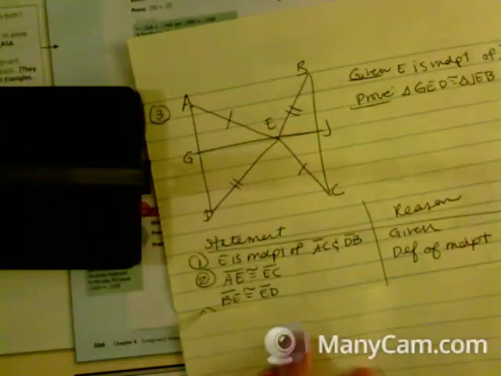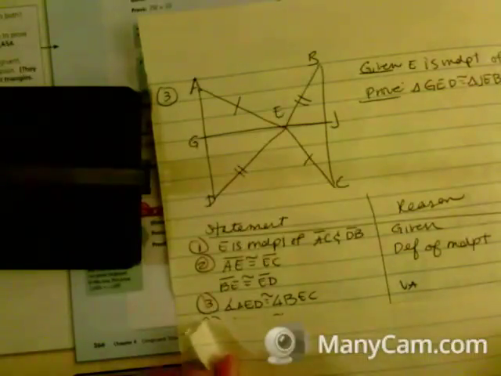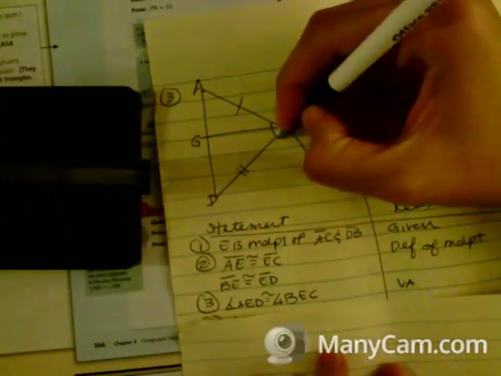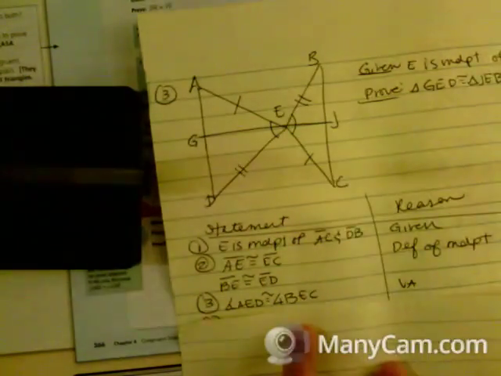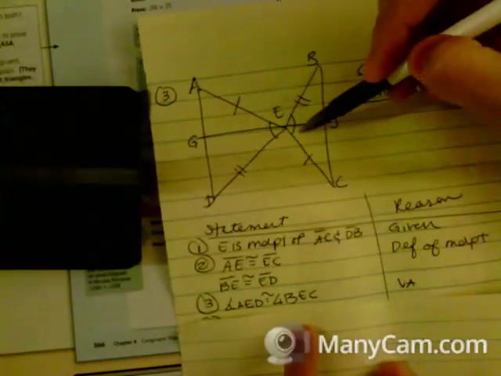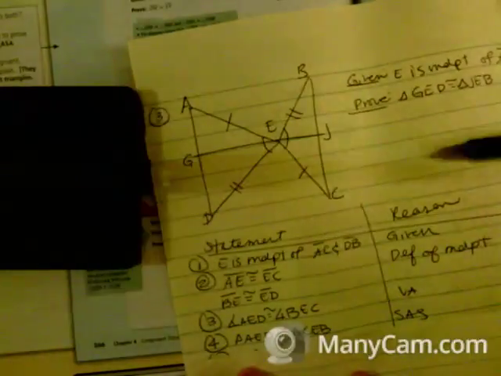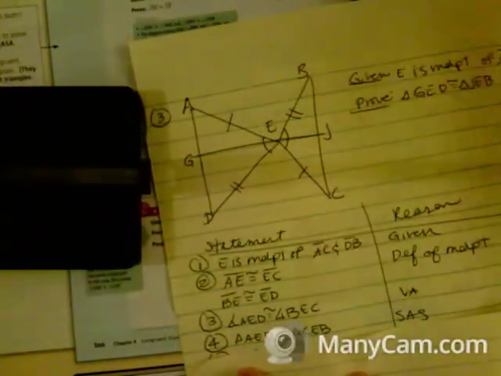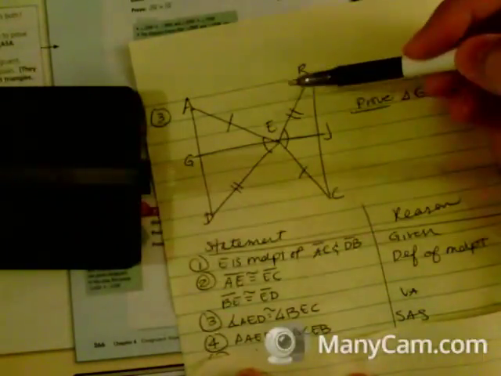All we want to do now is prove two angles are congruent. So angle AED is congruent to angle BEC. So therefore, we have these two sides, these two angles, and these two sides. So therefore, by SAS, these two big triangles are congruent to each other.